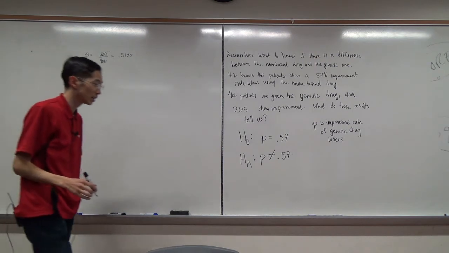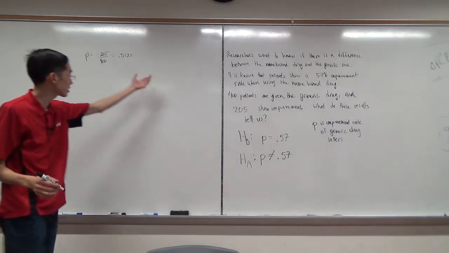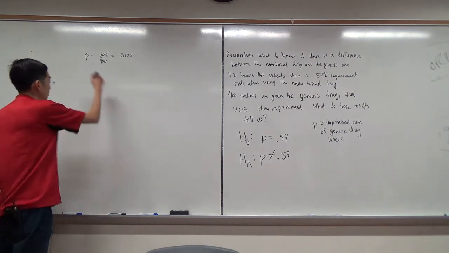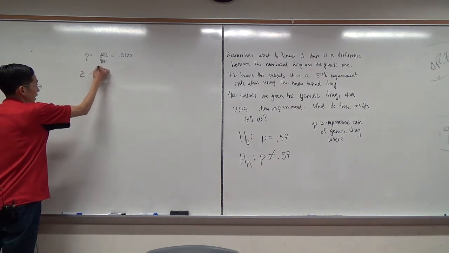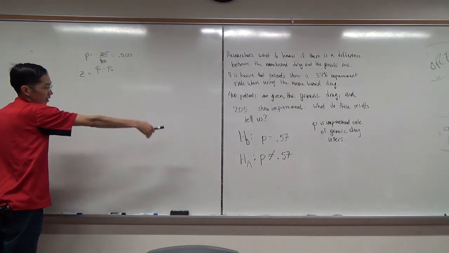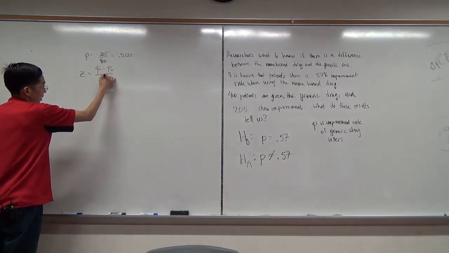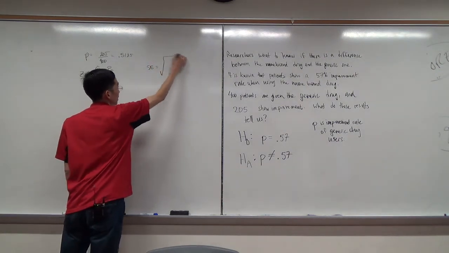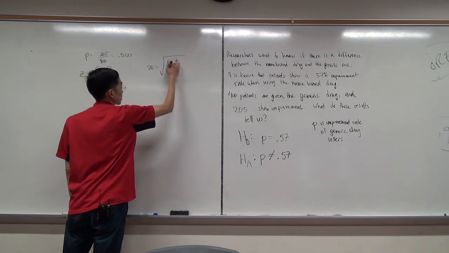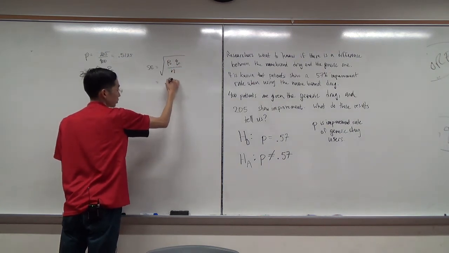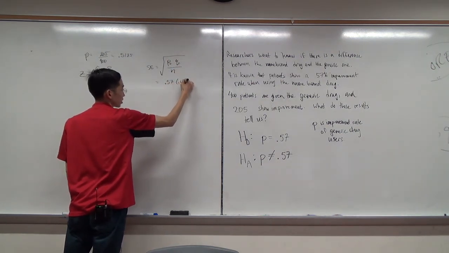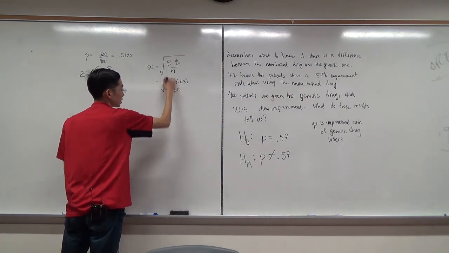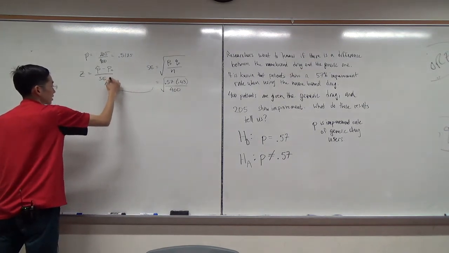And you want to know, is that significantly different from 57%? Your z-score is p hat minus the value in the null hypothesis, divided by the standard error. Our standard error is the square root of p0 q0 over n, so we use 0.57 times 0.43 divided by 400, and we plug that in.